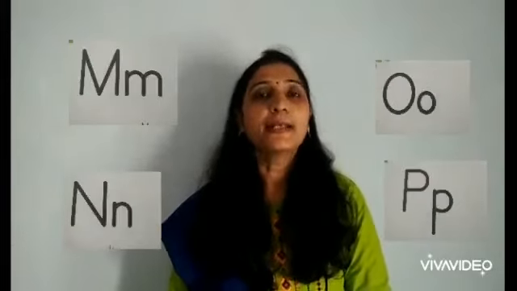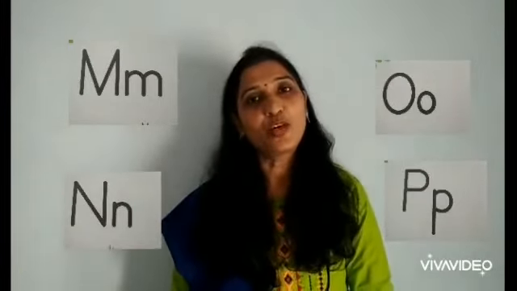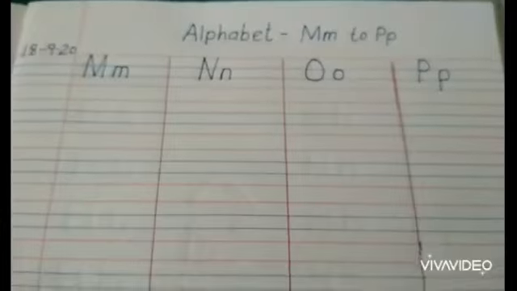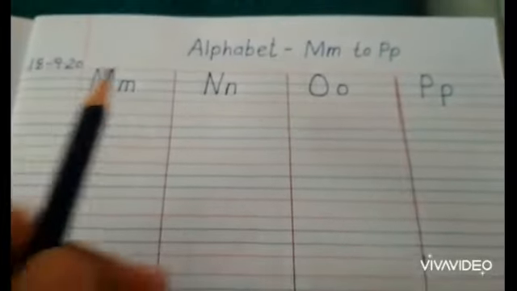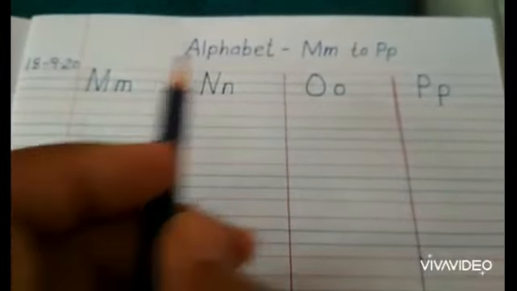Let us write alphabet M, N, O and P in our 4-line notebook. Prepare a page like this in your 4-line notebook.